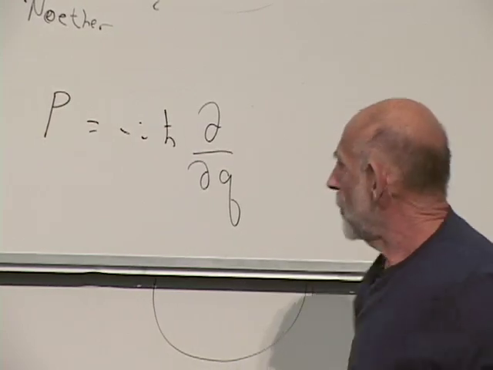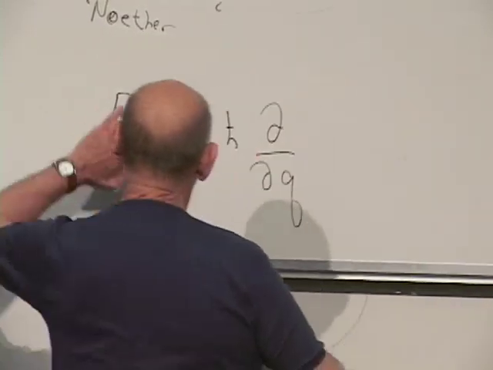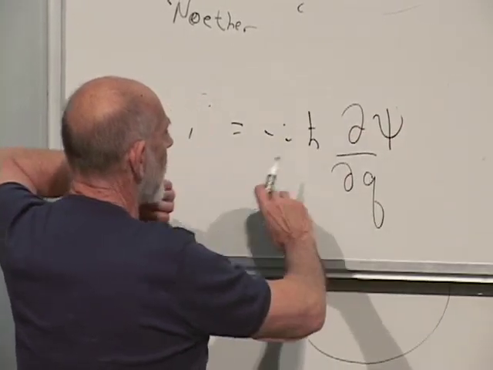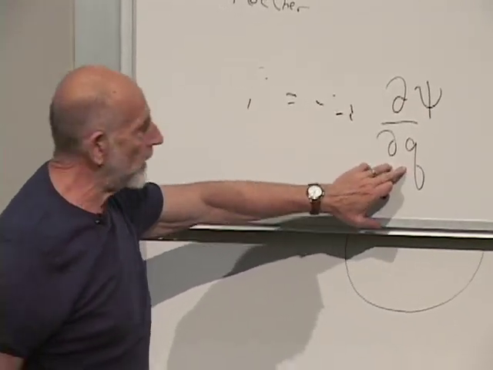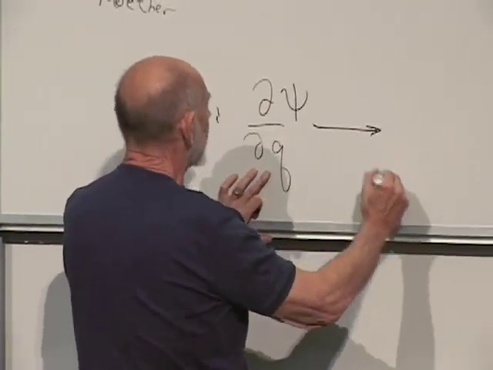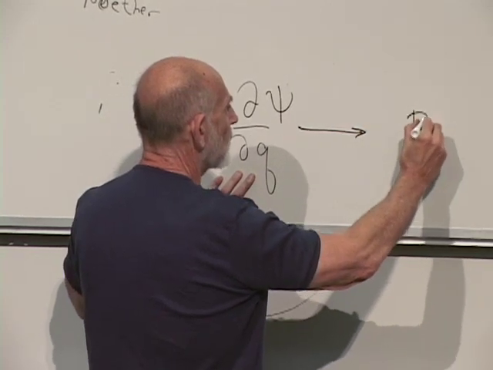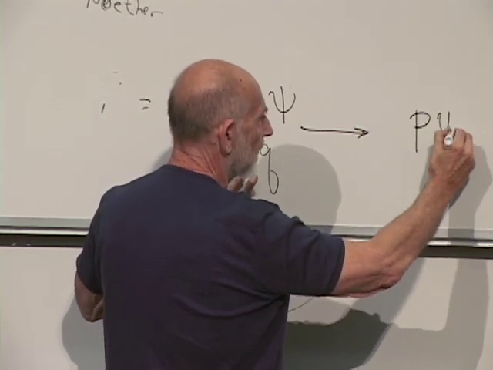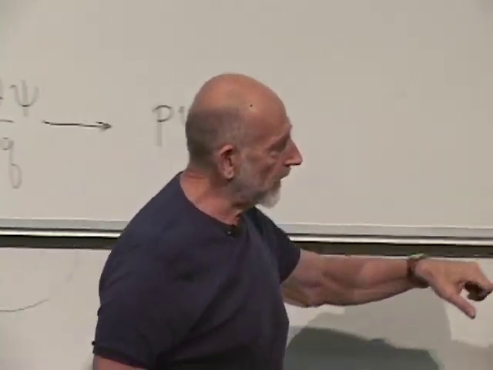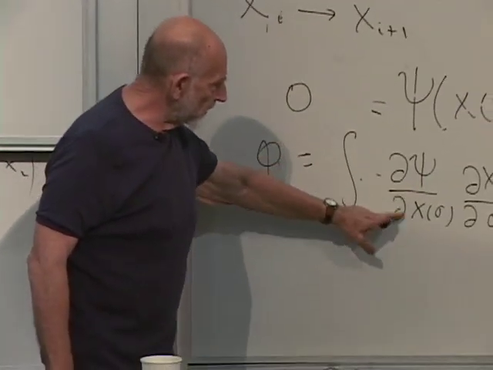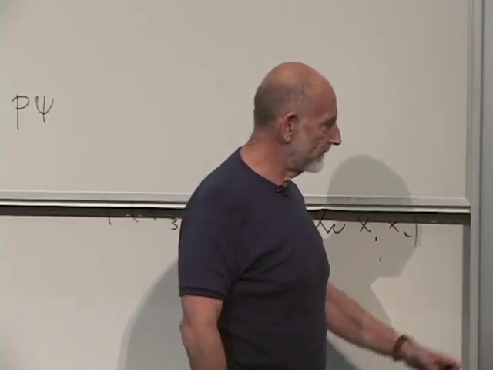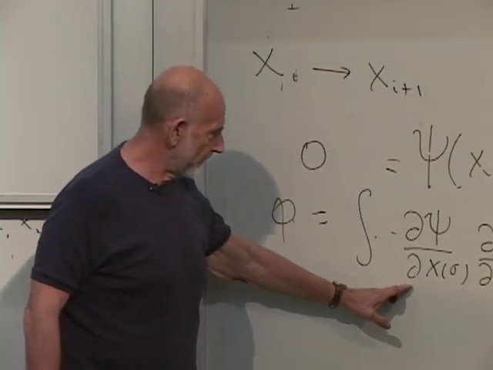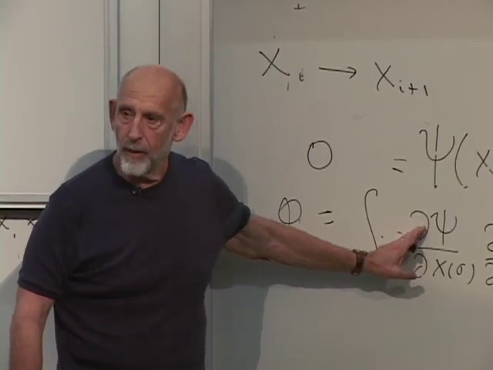So whenever you see a wave function having been differentiated with respect to a coordinate, let's forget h bar, you can rewrite that as the action of the corresponding momentum on psi. Well, here we have the wave function differentiated with respect to the coordinate at point sigma. What should I write that as? It's p sigma.